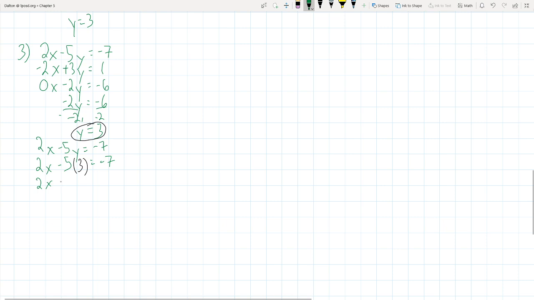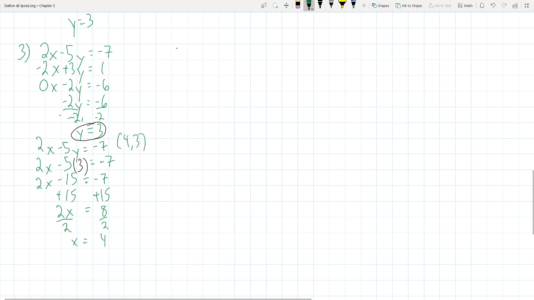So 2x minus, or negative 5 times 3 is negative 15, equals negative 7. Add 15 to both sides. 2x equals negative 7 plus 15 is 8. Divide both sides by 2. We get x equals 4. So my answer should be 4, 3.